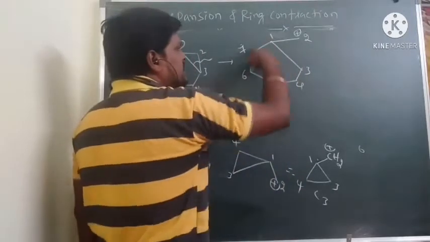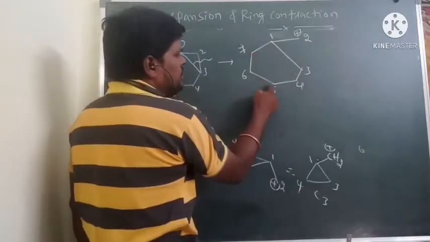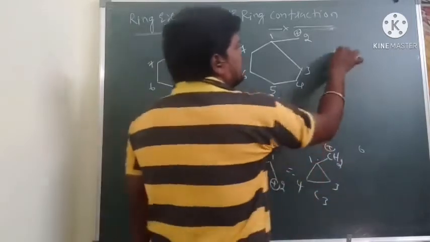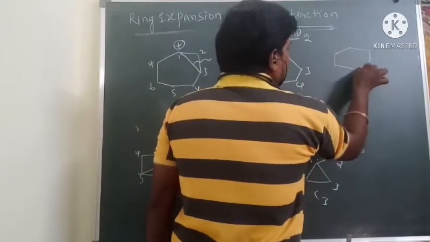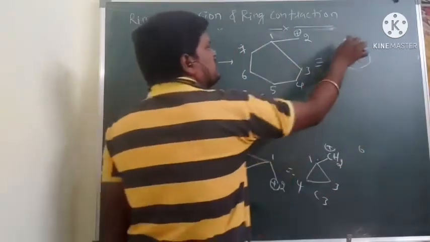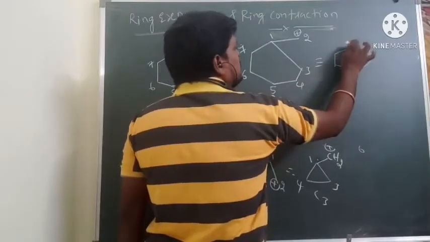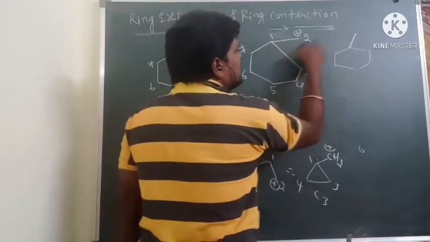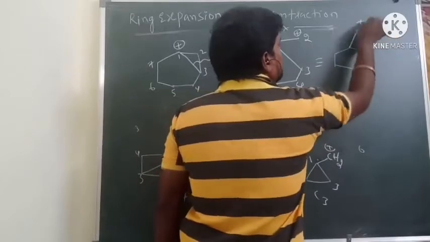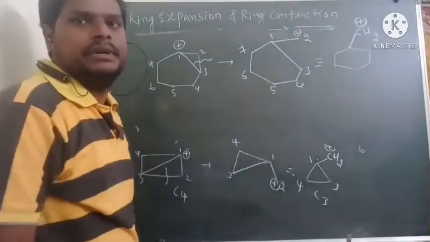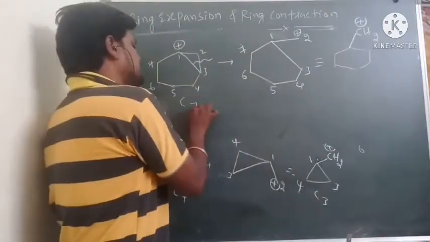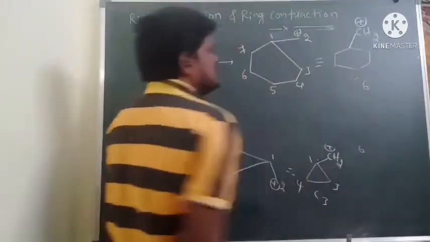Total, how many carbons in the ring? 1, 2, 3, 4, 5, 6. 6 carbons are there, right? Now the positive charge is only here, right? So initially it is C7, but after it is C6.